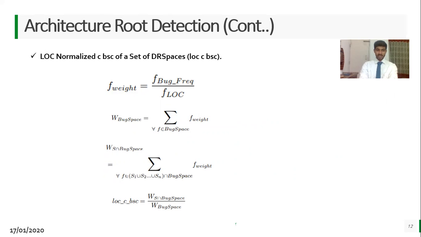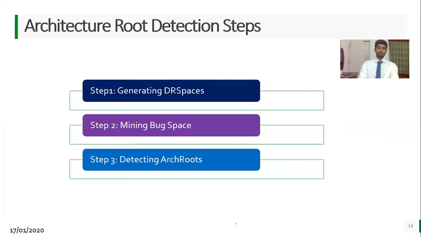And then at last the LOC BSC equation is arrived at. There are some architecture root detection steps. There are three steps. The first step is generating the DRS space. The second step is mining the bug space, and the third step is detecting architecture roots.